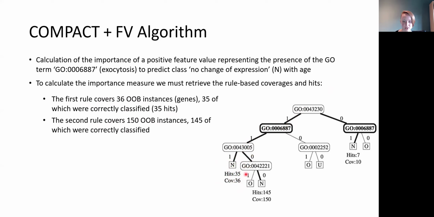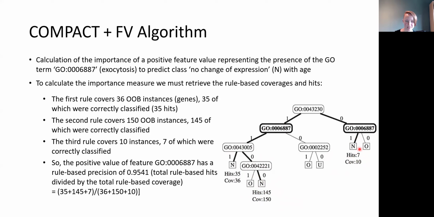We can then do that for the second one, which is down here. So we went positive here and then negative for the next one and negative for the one after that to classify it as an N again. And in this case, we had 150 out-of-bag instances that came down this way, and 145 of them were correctly classified. And then we do that for the third one over here, where again we had 10 that came down here and 7 of them were correctly classified.